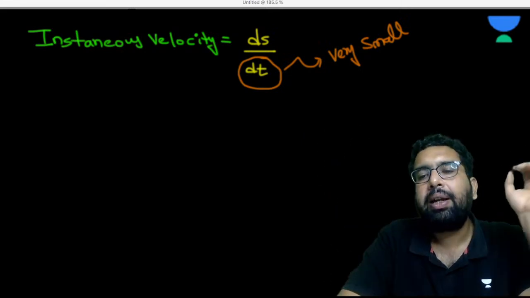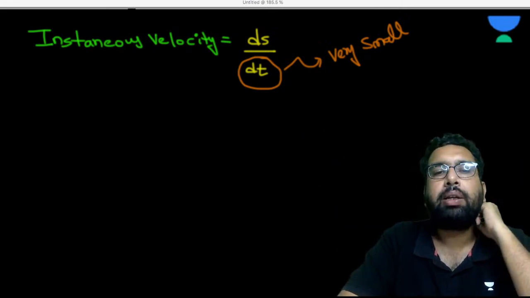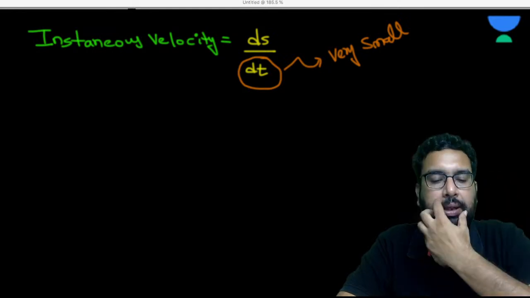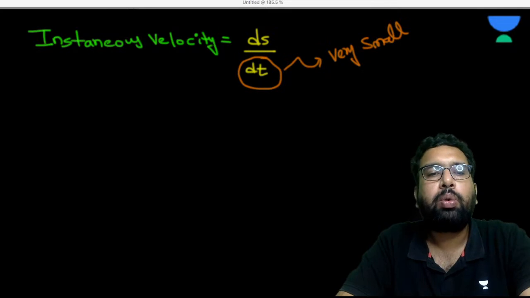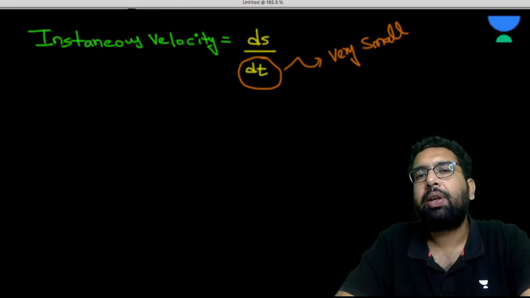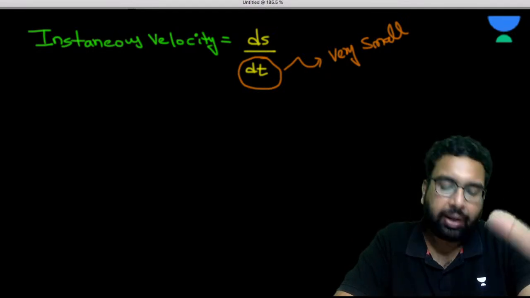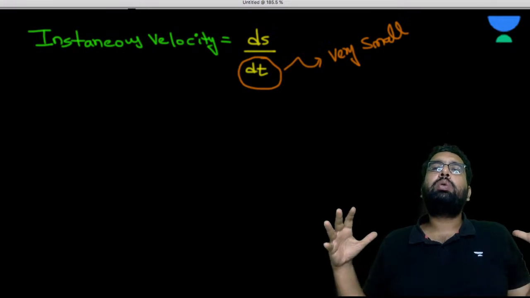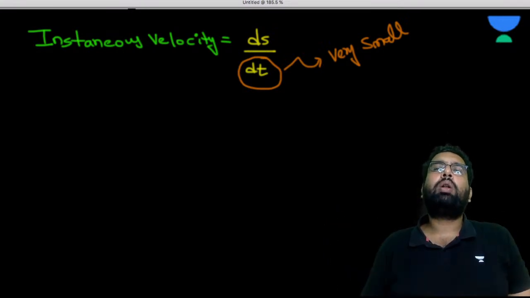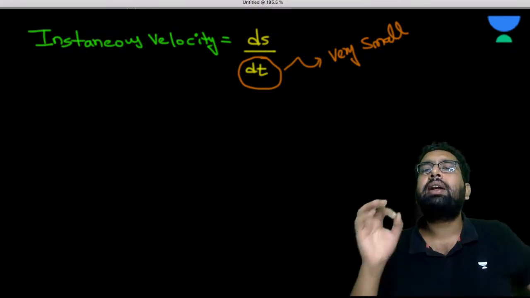So when dt is very small, that means the time difference you are using for calculation of velocity has been reduced to a very small time interval. That is why it is known as instantaneous velocity, because when the time difference is reduced to infinitely small, you are basically observing the velocity at an instant of time.